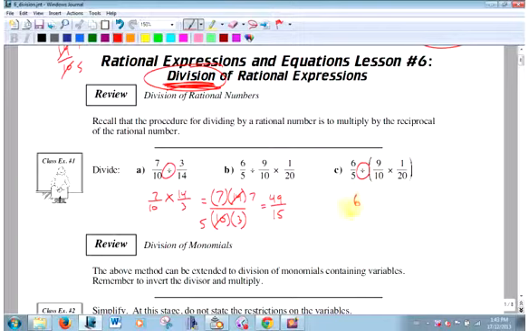So I got 6 fifths. Shh, guys, quiet please. Divided by 9 times 1 is 9 over 200. Can I simplify anything there first? Not really. Otherwise, I would have.